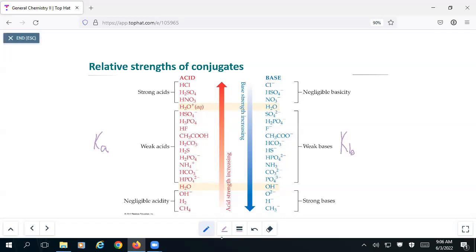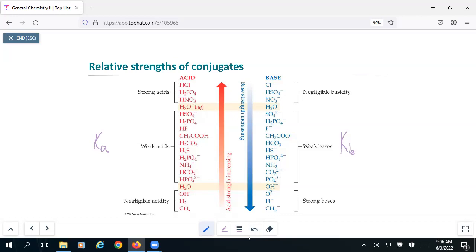So as we climb up this tower, what we're going to notice is that as our acidity increases, the basicity of the conjugate decreases. So base strength goes in the opposite direction. Hydrochloric acid is strong.